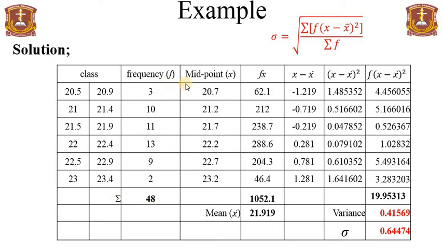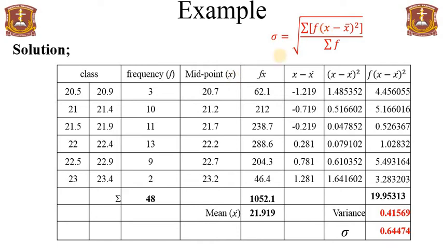Our next step is to find the midpoint, which is obtained by simply summing the class limits and dividing by 2, and you will obtain this. Followed by the next class, you do the same thing, and so on up to the last class, where you take 23.4 plus 23 divided by 2, and you get 23.2. So that is the midpoint. That's what will act as our x in this formula here.